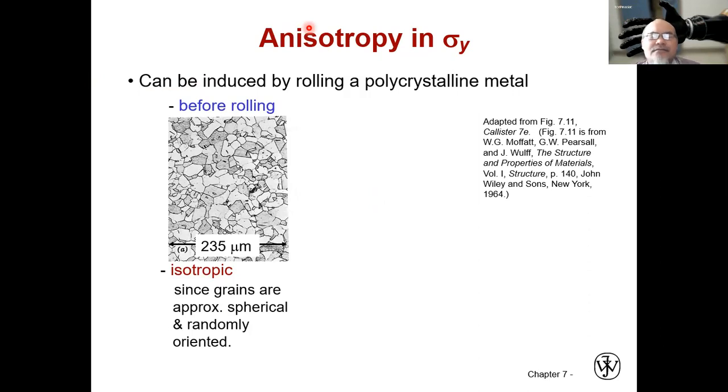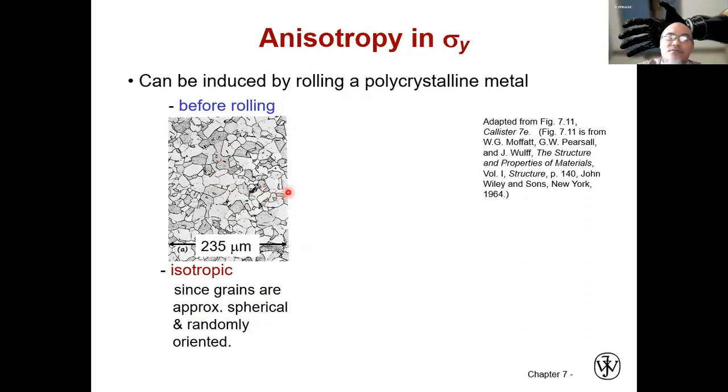If you have a polycrystalline material whose crystalline grains are more or less spherical, or granular, then usually you will have isotropic properties. It means that the value of sigma, for example for yield strength, will be the same either vertically, horizontally, or diagonally. It will be the same since the grains are approximately spherical and randomly oriented.